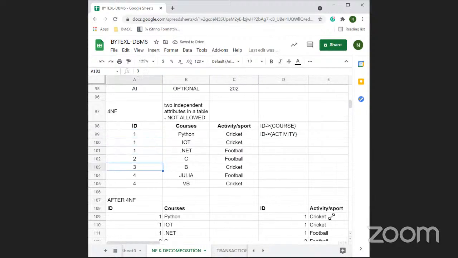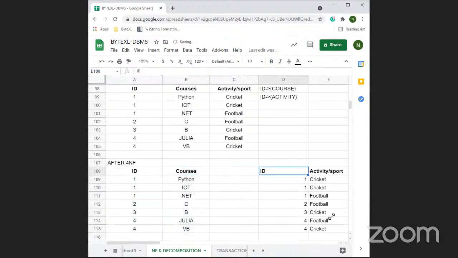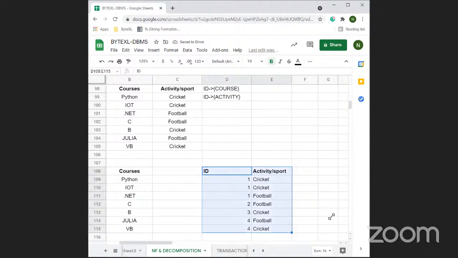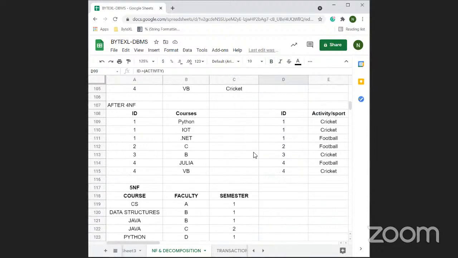Even after separating, if I am giving you ID, you can still give me course. Again, even after separating, you can still give me activity. That means the relation we have initially is the same here also. There is no change in the relation.